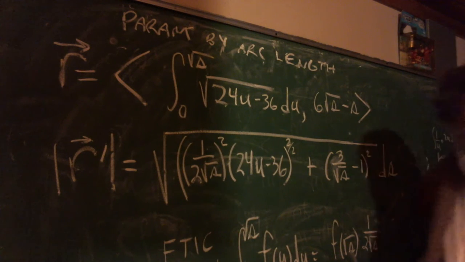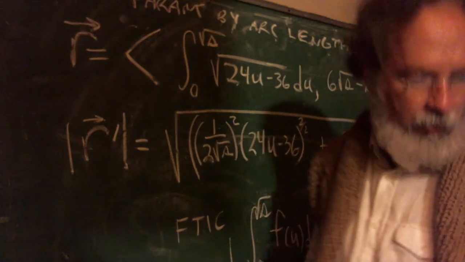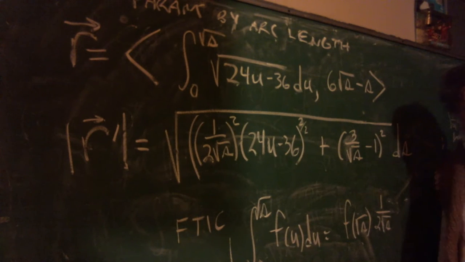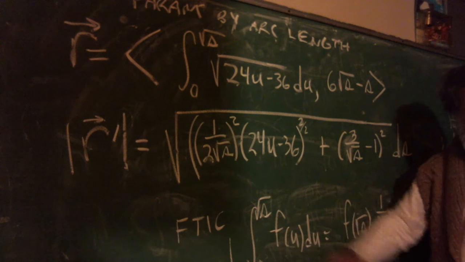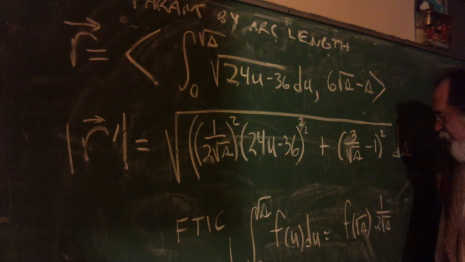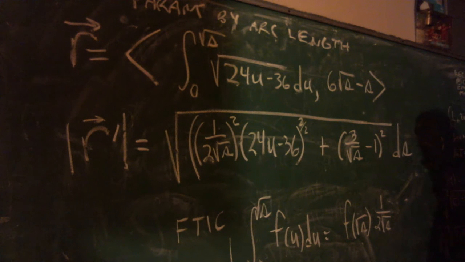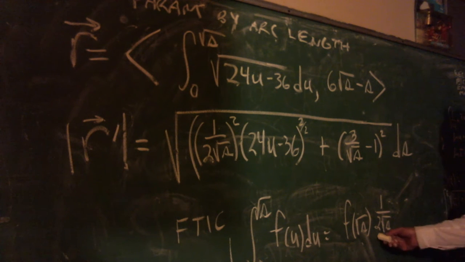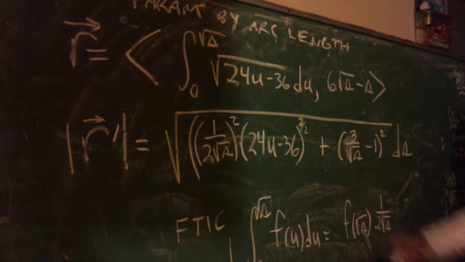Let me see if I can get everything in the picture a little bit better there. Can I get that in there? Yeah, that looks a little better. There's a 0 down below that integral. Lower limit of integration is 0. And do we get the full thing of that? Yeah. Anyway, this piece here is what's over here.